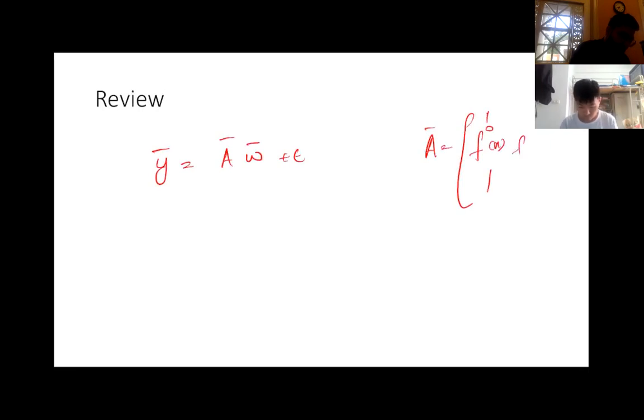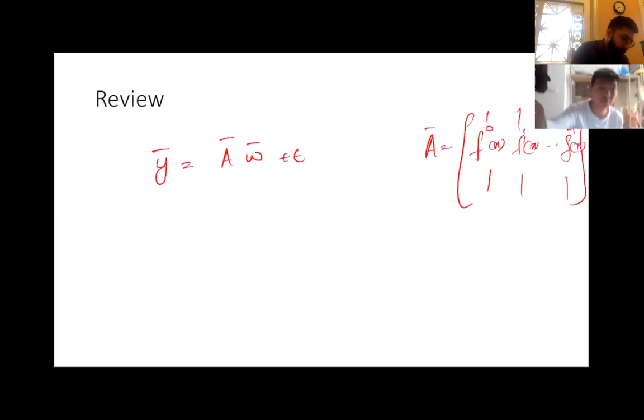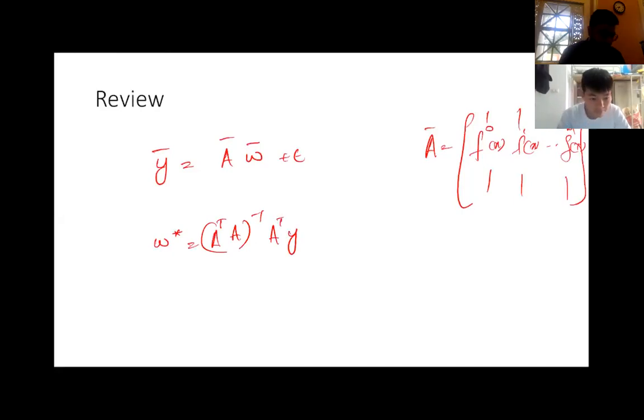So in general, we can write y is equal to Aw plus a, where A can be any basis, and the setup would work. The optimal solution W star would be (A transpose A) inverse A transpose Y. And we saw that different bases might have different advantages in different cases.